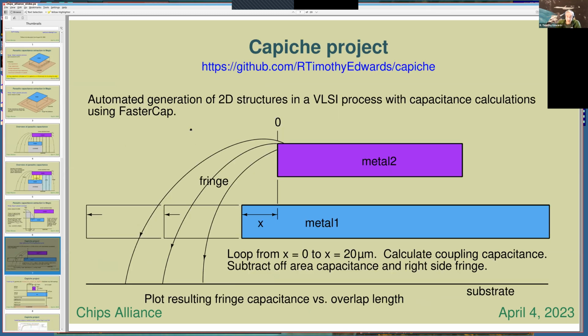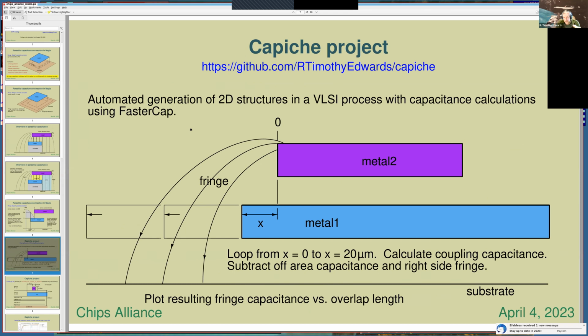But I actually wanted to model this stuff and get expressions that I could derive from all the modeling. So I started looking at this modeling tool called FasterCap, which is a 3D solver, and I could use that to set up the whole boundary stack up for, in this case, the Sky130 process.